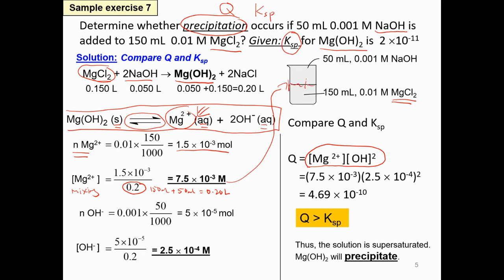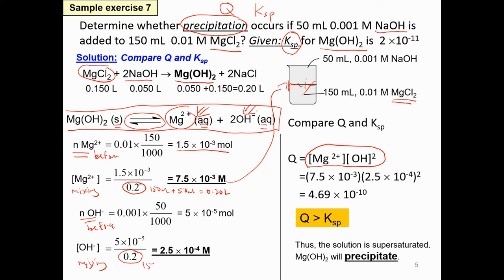Same thing, we want to find the concentration for sodium hydroxide. So we find the number of moles before mixing, and then for the concentration, we find it for the mixture, because only when two solutions mix together do we have salt forming.